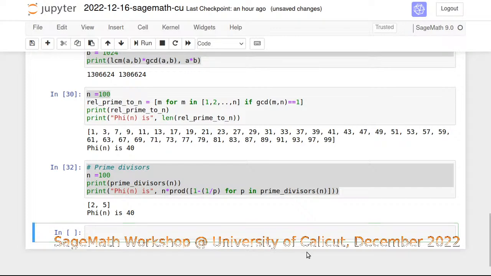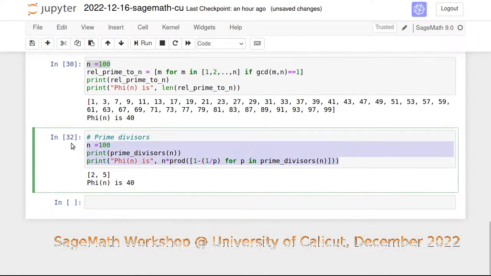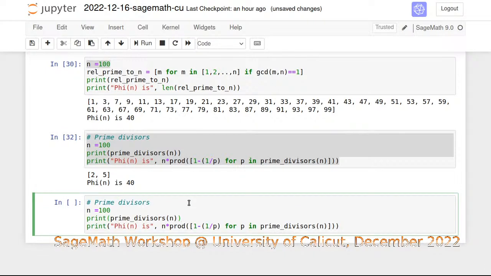But Sage being a mathematics software, there is already a built-in method available for doing all these things. So we don't have to write these things. But the reason I told you all these commands is that otherwise, how do we feel that these commands are actually necessary, or what is the purpose of these commands? That's it.